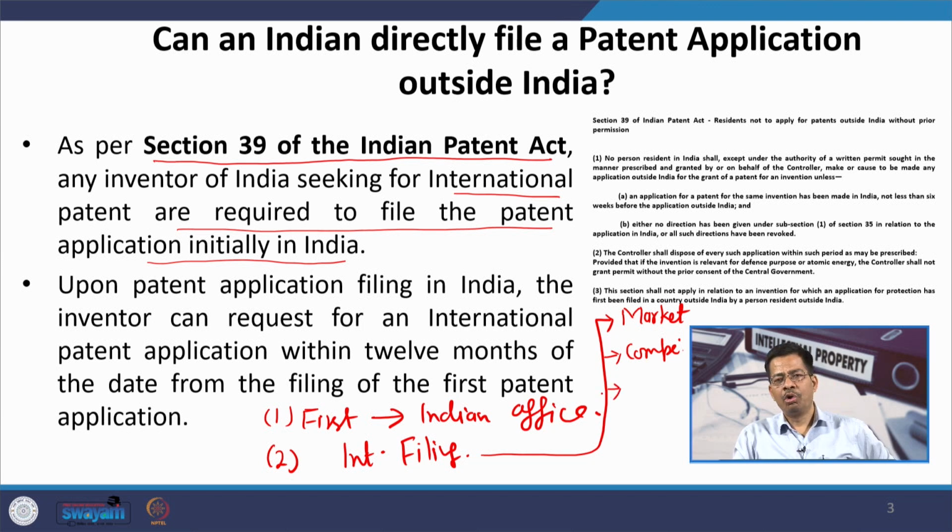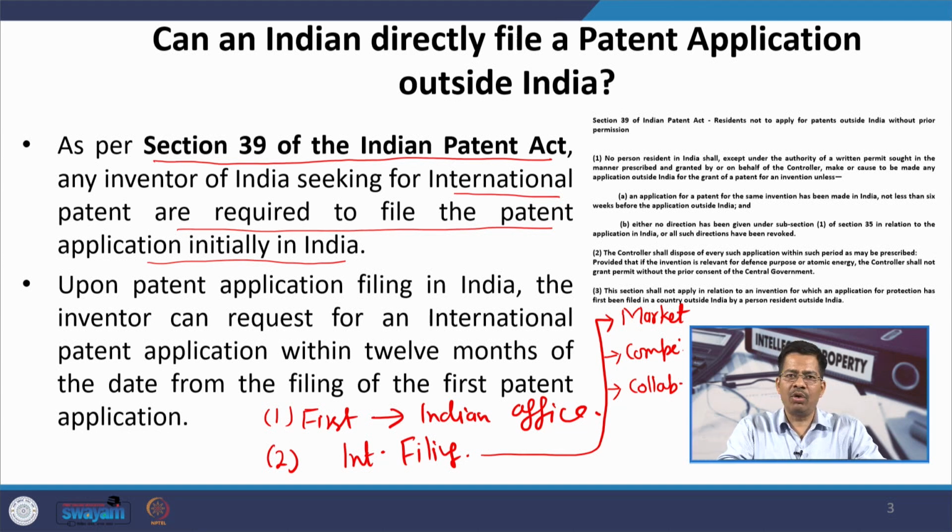The third important thing is the collaborator: whether possible collaborators are there in that market or not. Particularly, a large number of patents these days come from our educational institutions, and generally most of them file for Indian patents. Educational institutions can exploit the benefit of IP, but they look for possible collaborators in those countries, and if collaborators are available, obviously they can go for foreign filing.